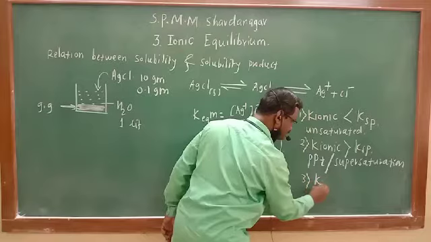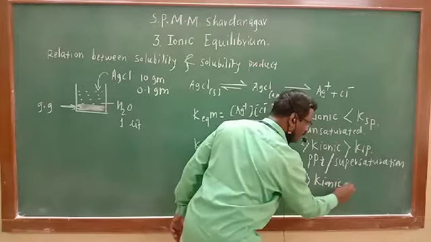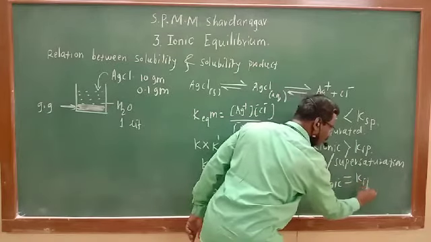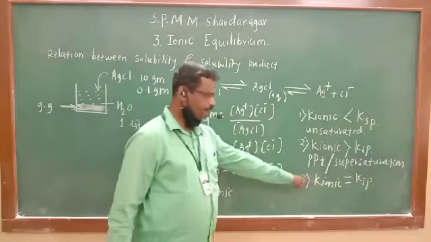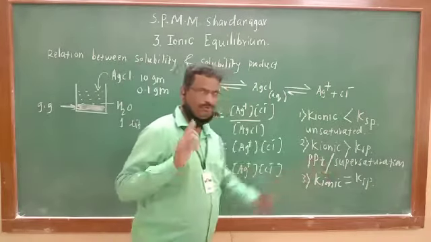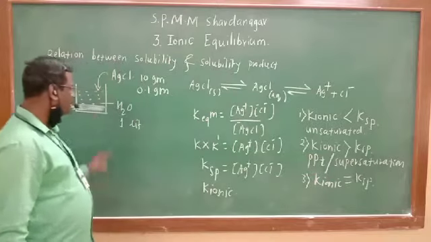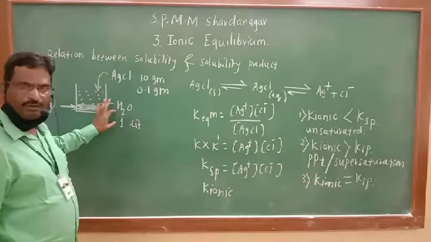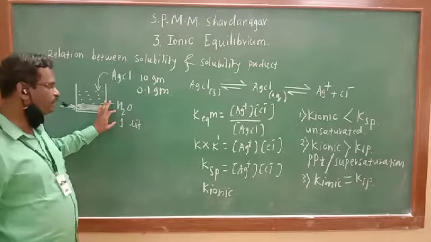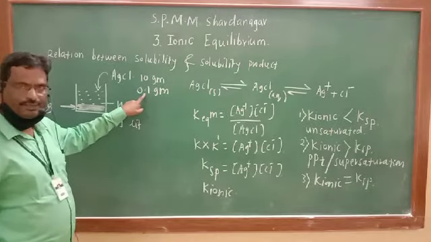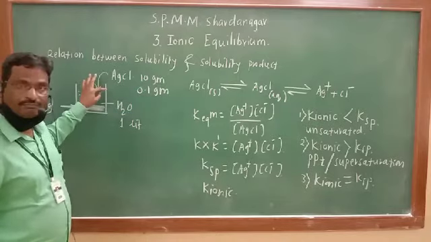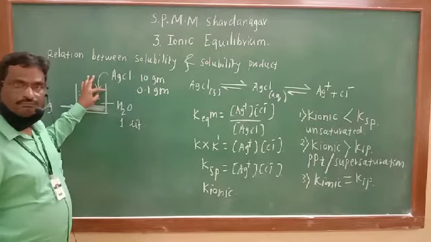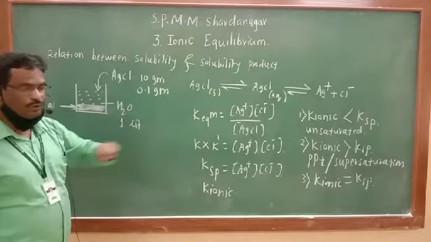And third case, whenever K ionic is equal to KSP, ionic product is equal to solubility product, means the capacity of 1 liter water to dissolve the solute is 0.1 gram, and we also have taken exactly 0.1 gram, because ionic product and solubility product are the same.